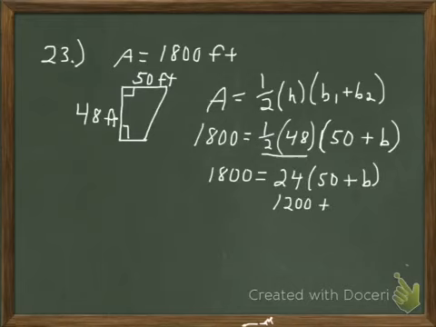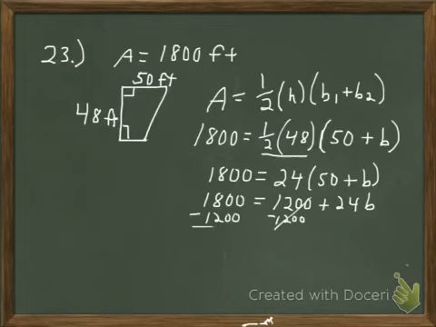And then 24 times B we write as 24B. Now it's just an equation that we need to solve. Subtract the 1200. You would be left with 600 equals 24B. And then, of course, you would divide by 24. So 600 divided by 24 gives us B is equal to 25.